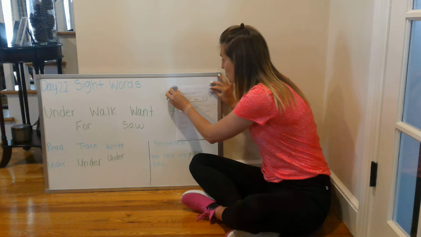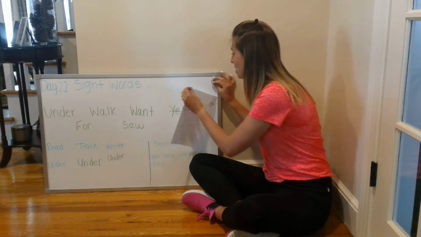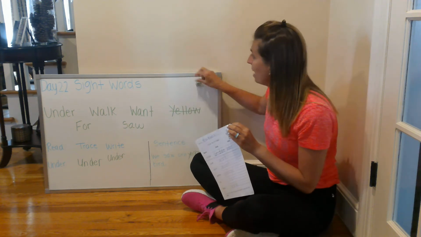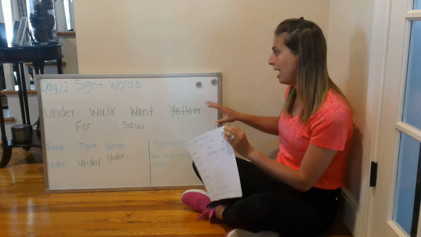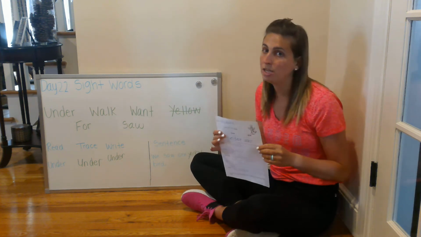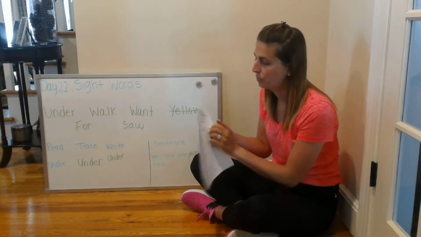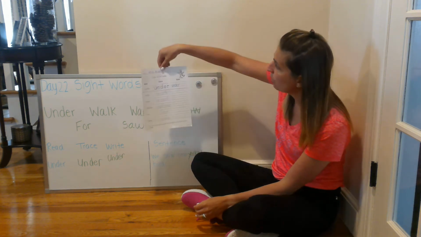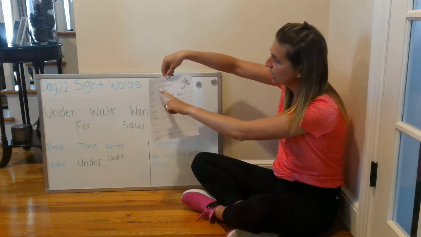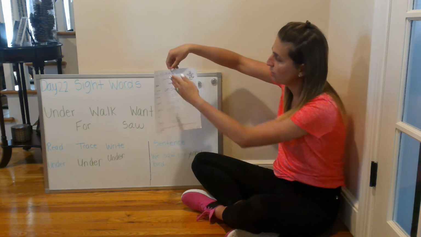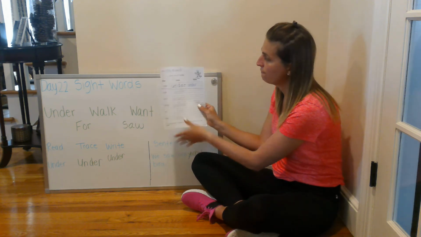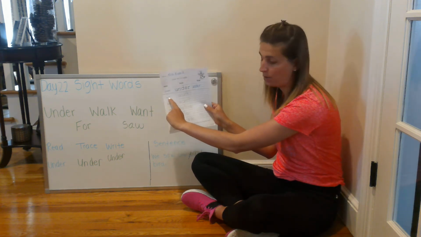So what I'm going to do is just go over and re-explain the worksheet again, and then I'm going to go over the 6 sight words up top, and then it's going to be your job to complete the rest of the worksheet on your own. So remember, on the front of our worksheet, with the title, Look He Can Walk, you have your 3 columns. The first column is you're going to read the sight word.